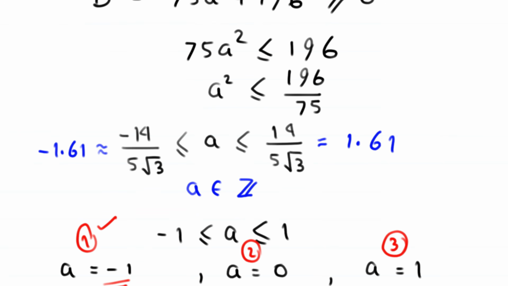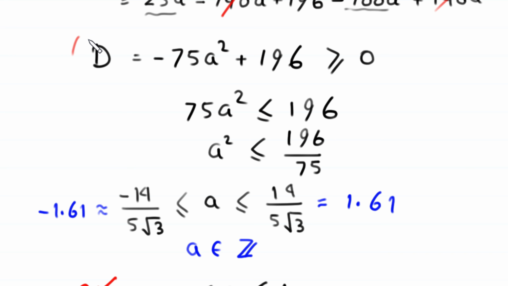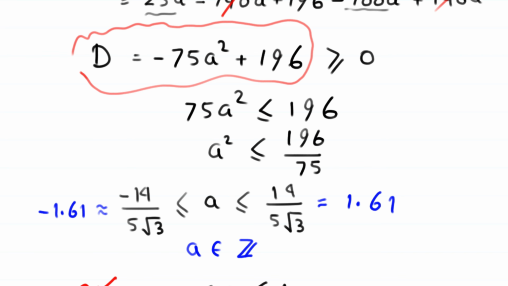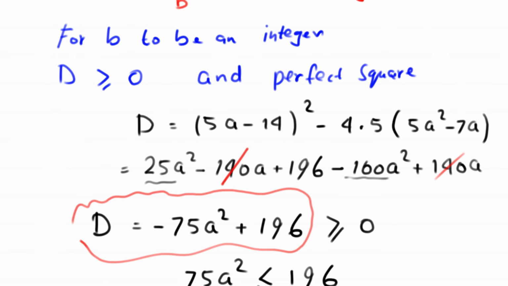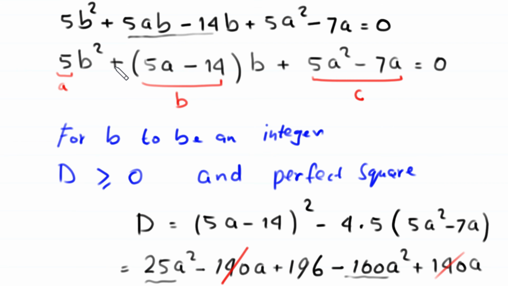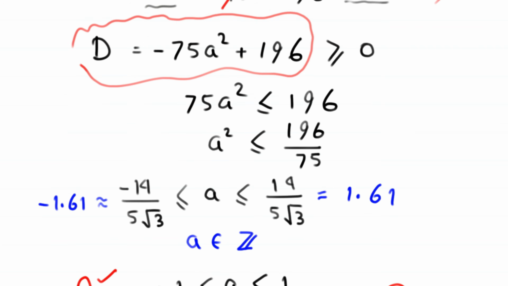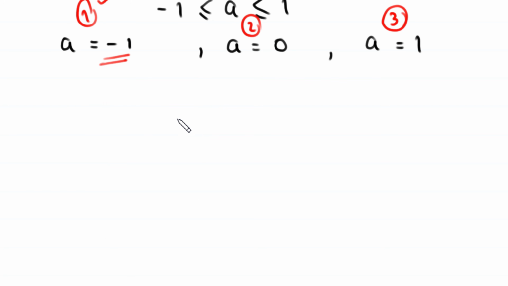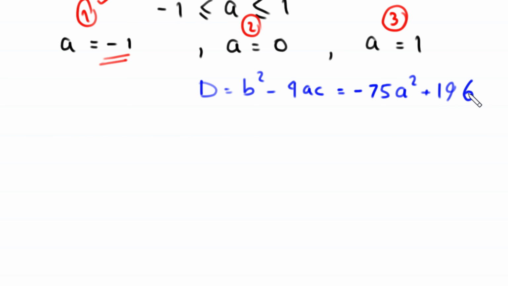The discriminant is negative 75a squared plus 196, and for this quadratic equation, the coefficient of b is 5a minus 14. The discriminant D is equal to b squared minus 4ac.